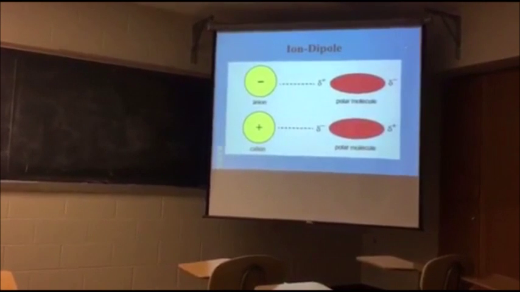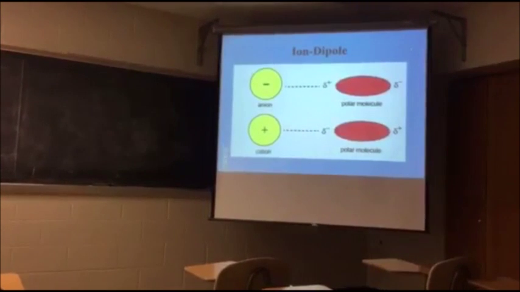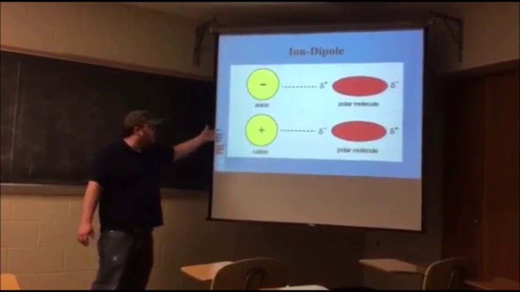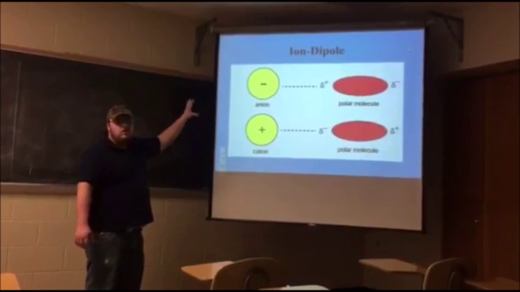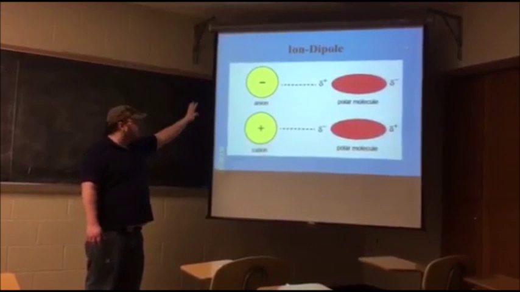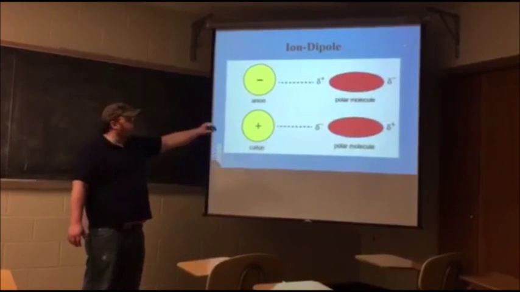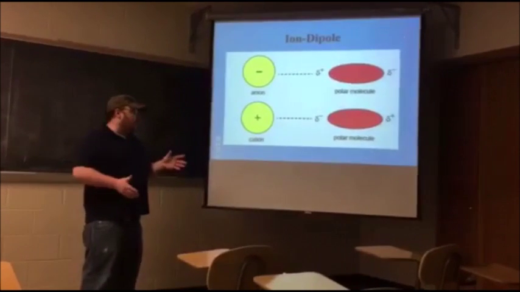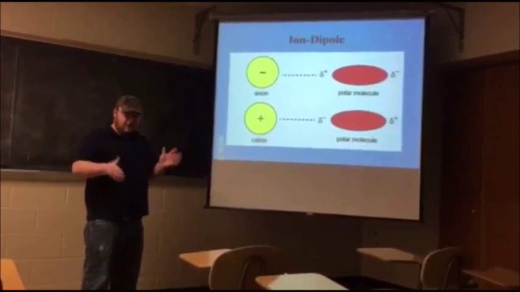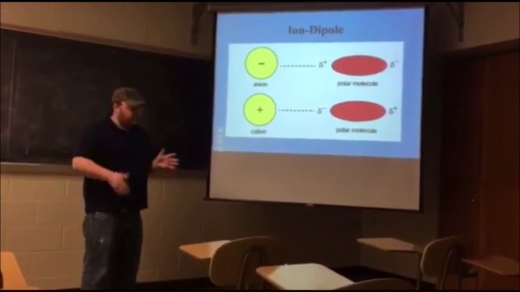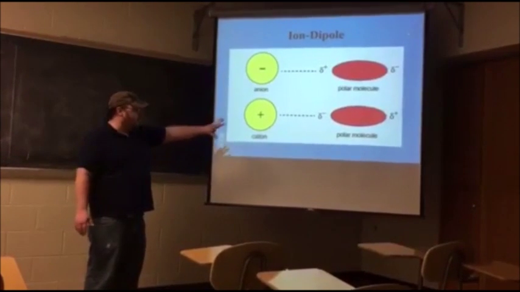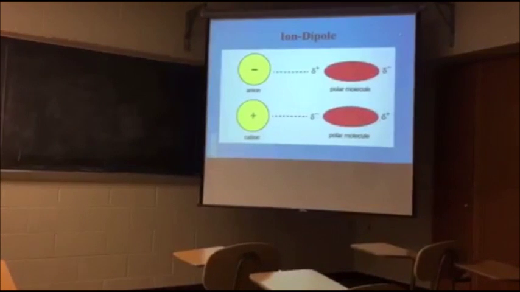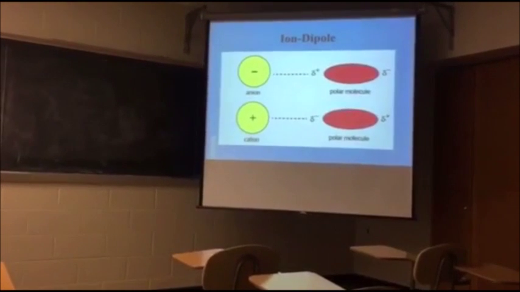Now, your ion dipole, you can see the ions, the anion and cation, are negatives and positives, and they are very huge in their magnetic force. And so when you have a dipole, which is a force of negative and positive on opposite ends, like the North Pole, South Pole, you can see how it would be attracted to it by the opposite side. And it makes for a very strong bond.